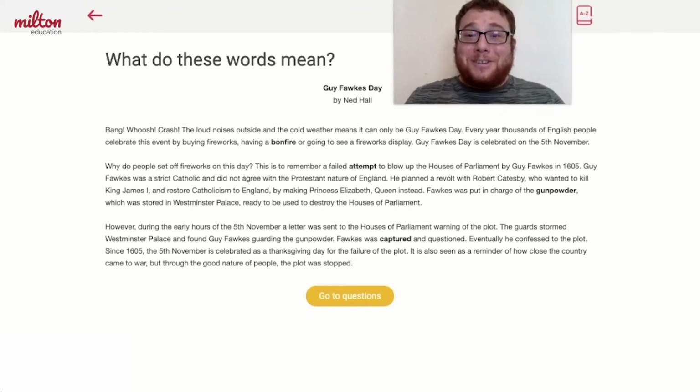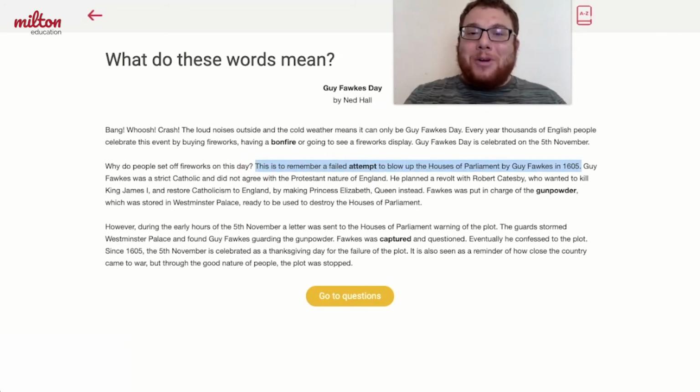Another thing we can do is think about what the text was talking about, and we can understand a new word based on the context. Okay, let's look at one of the words that's in black letters. Attempt. Perhaps you have no idea what attempt is. So let's read the sentence where it appears.